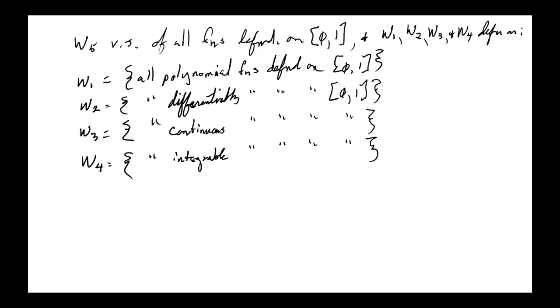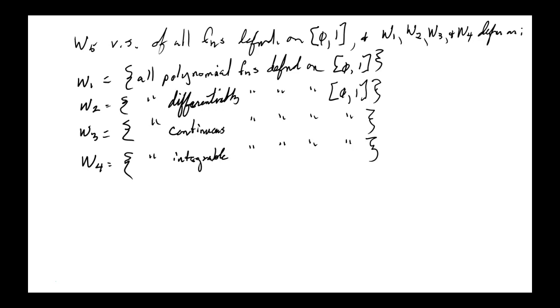And then the scalar multiple, any polynomial function you multiply by any real number in the world, you're still going to have a polynomial function defined on 0, 1. So therefore, it's closed under scalar multiplication.